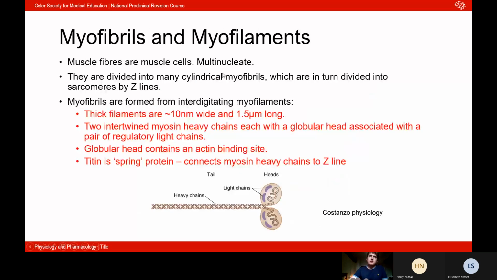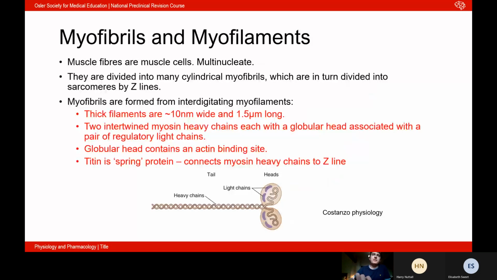So the muscle fibers have the myofibrils and then the myofilaments in them, and the sarcomeres are defined by the Z lines that split transverse across the cylindrical myofibrils. So the myofibrils are formed from these interdigitating myofilaments, the thick filaments and the thin filaments.